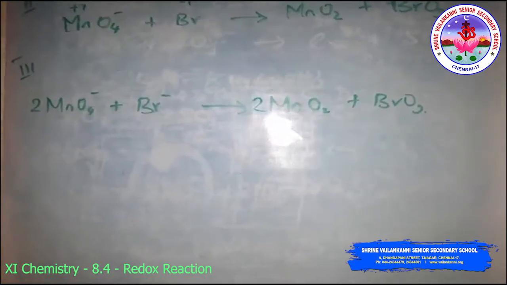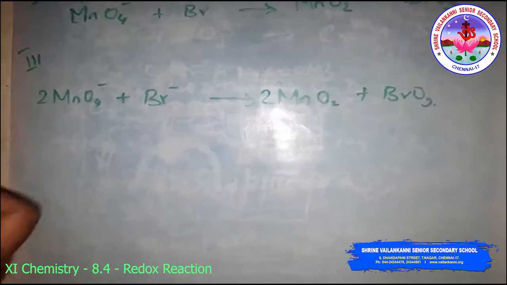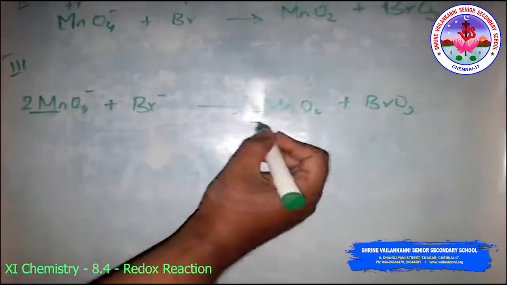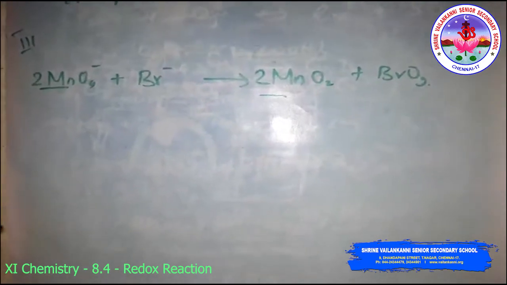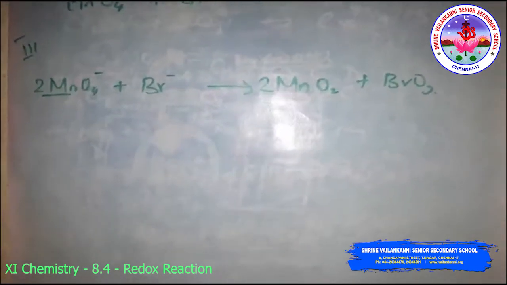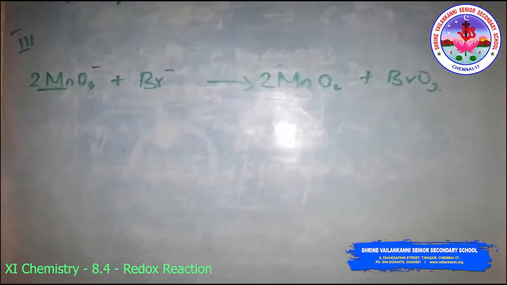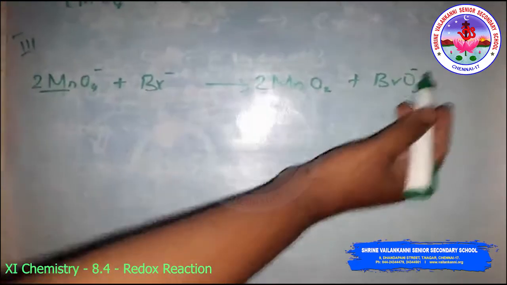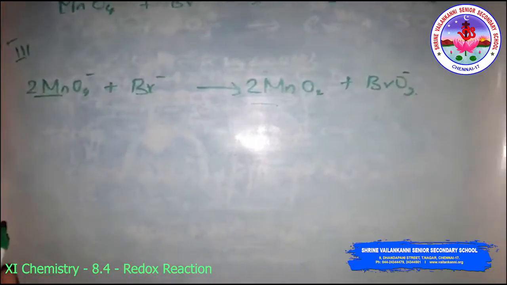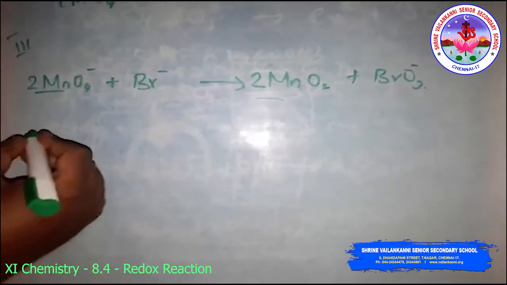Then adding OH, because first you balance the manganese, then we will see the oxygen. In basic medium, you have to write the hydroxide on the right hand side. As the reaction occurs in the basic medium, the ionic charges are not equal here. So add 2 hydroxide on the right hand side to make the ionic charges equal.